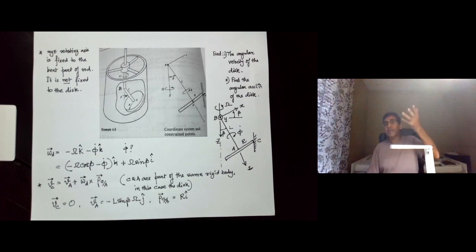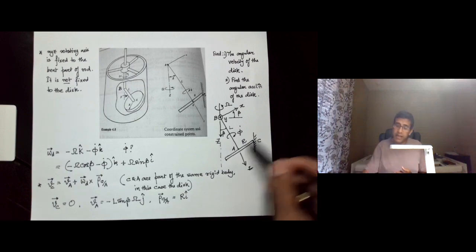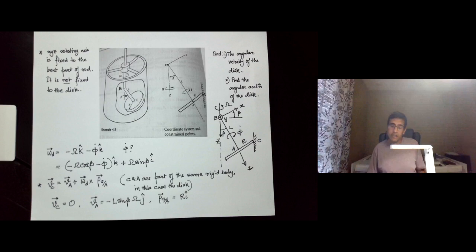If your rotating reference frame is now fixed to this part AB, then there are certain differences in the formulation of the relative velocities between A and C, and you will see that in the second part of the set of videos we are making on this problem.